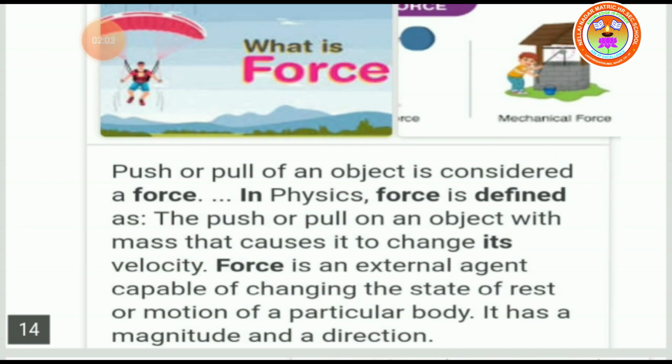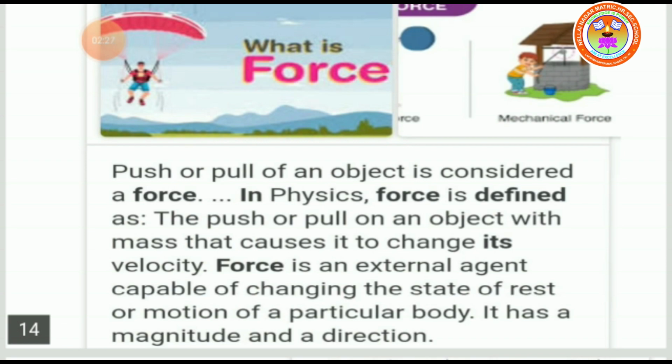Now you know very well that the push or pull of an object is considered a force. In physics, force is defined as the push or pull on an object with mass. What is the meaning of mass? The amount of matter contained in a body is called mass.